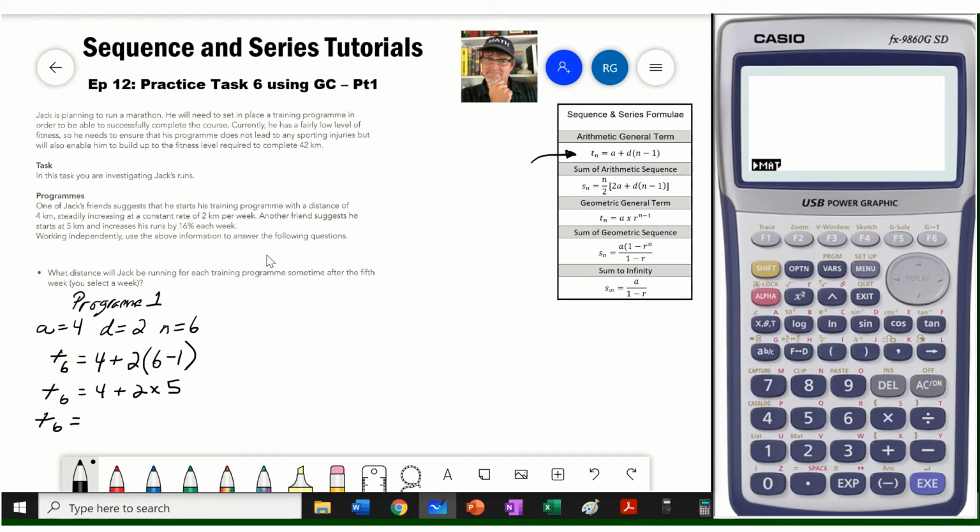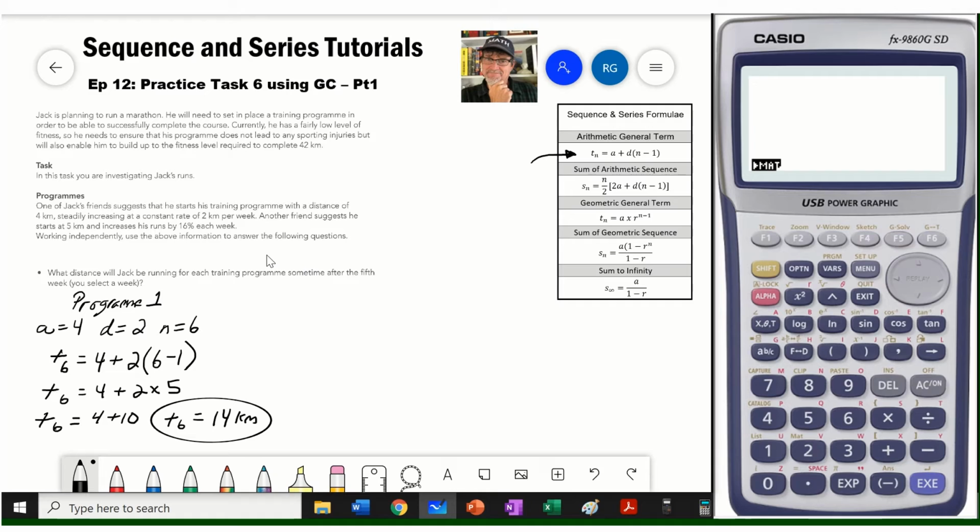Make sure you don't mix up your order of operations here. We've got to do 2 times 5 first and then add the 4. So that gives us 4 plus 10. So our 6th term is 14. 14 kilometers is how far he would be running in the 6th week with program 1.